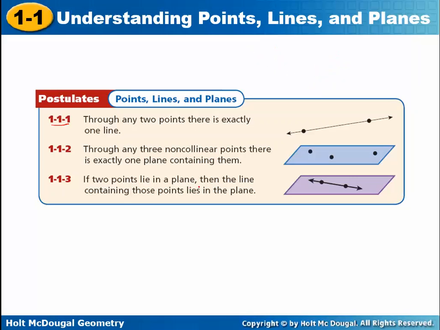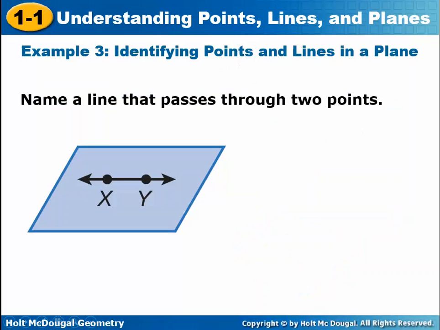If 2 points lie in a plane, then the line containing those points lies in the plane. Let me say that one again. You have 2 points, and they're lying in a plane. I'm going to draw kind of a piece of paper here for my plane. Here's my 2 points. And it says a line containing those 2 points has to lie, whoops, in a plane. Sorry, how do I go back?